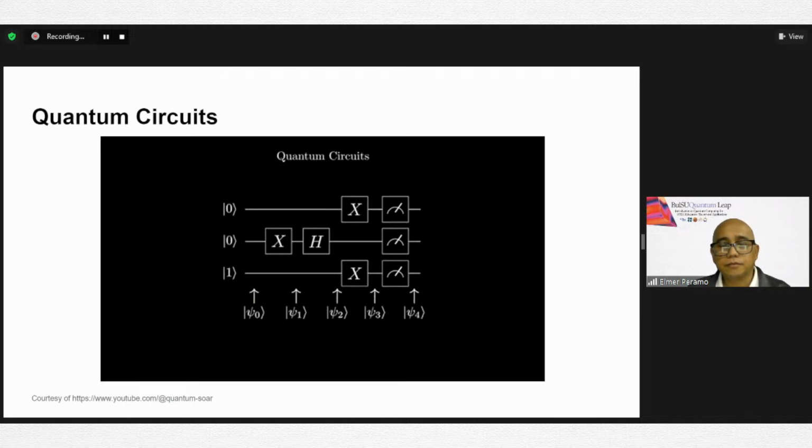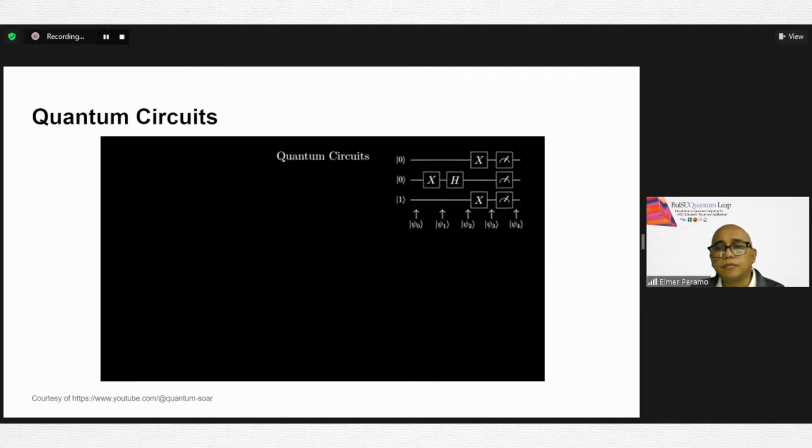Sometimes you will also see psi states pointing to different points in the circuit. These are used to represent the state of the system at different points during the algorithm. Let's go through this circuit. At psi sub 0, we have the state 001. Then at psi sub 1, we apply an X gate to the second qubit.